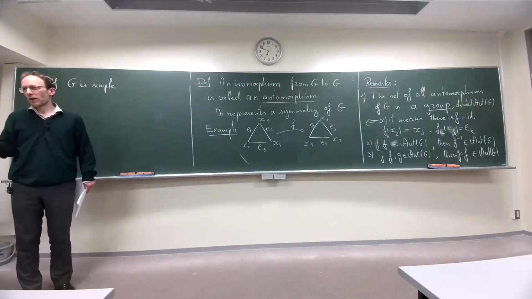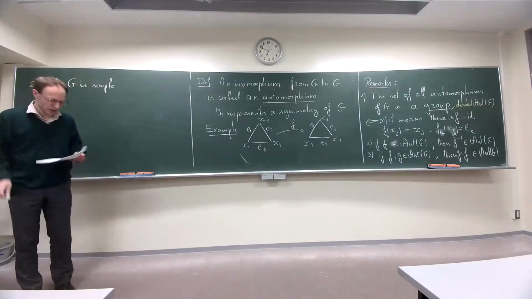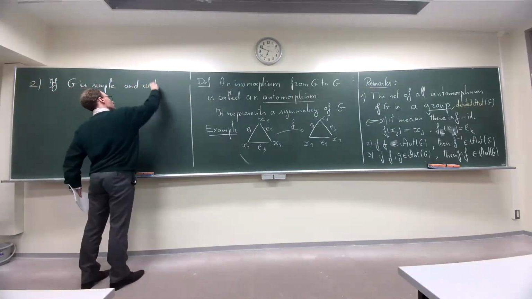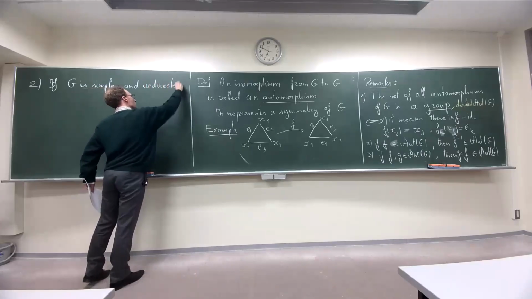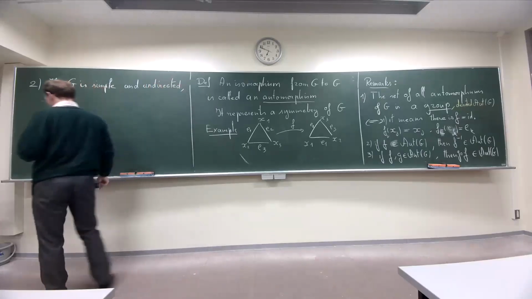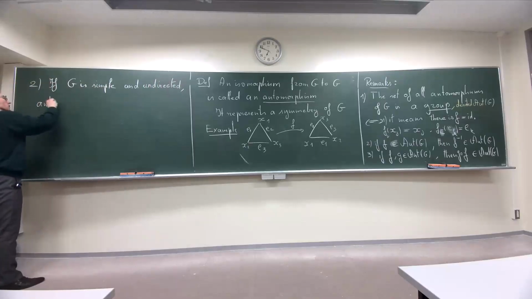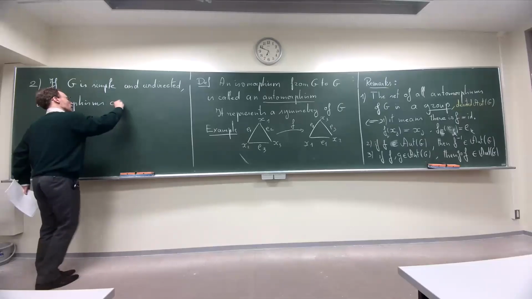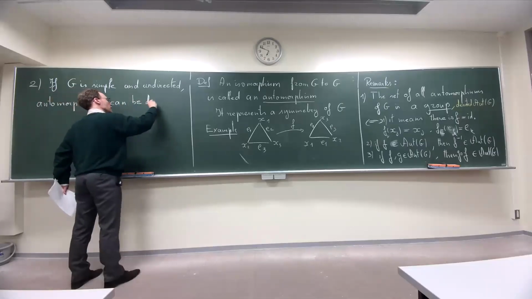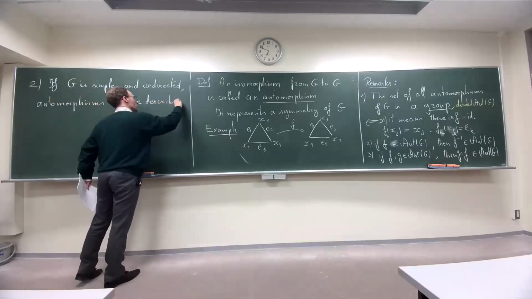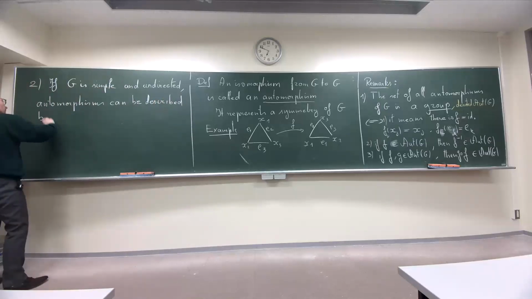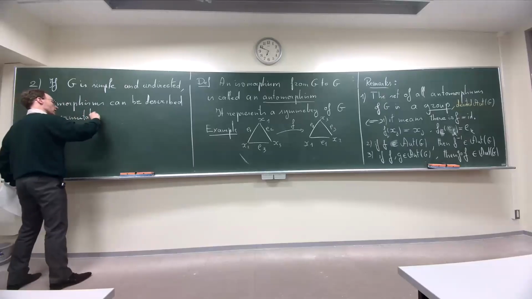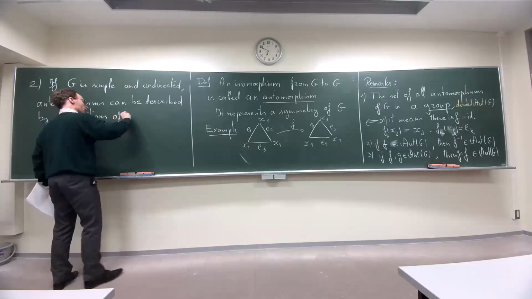No loops and no double edges, so no multiple edges, and undirected, no orientation on the edges, automorphisms can be described by permutations of vertices only.